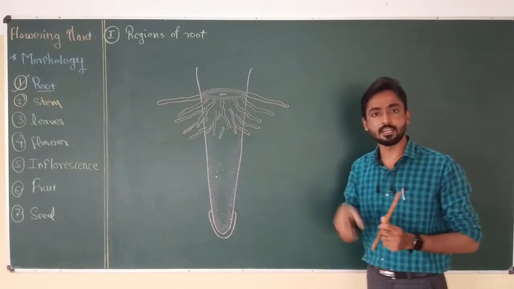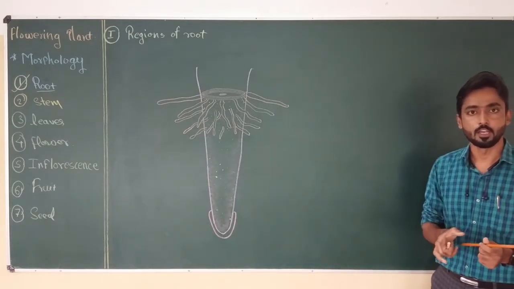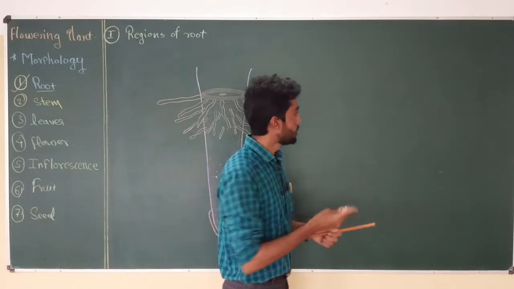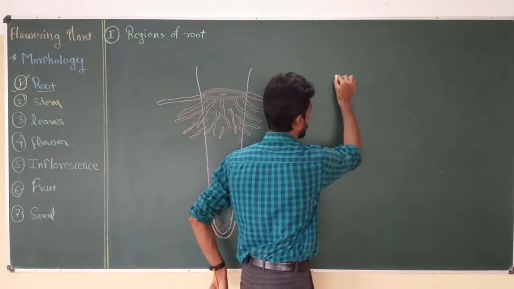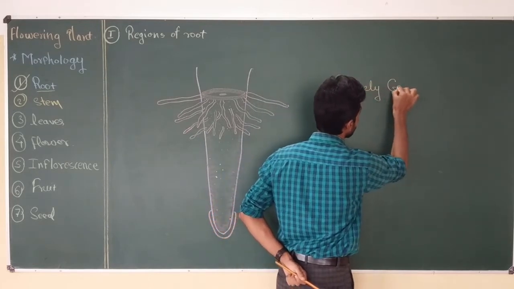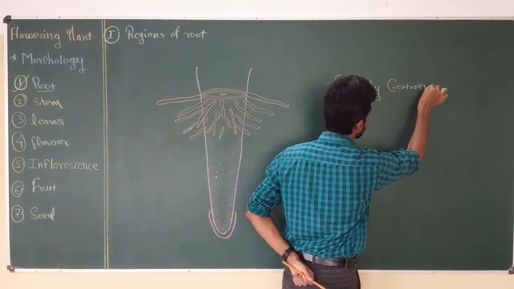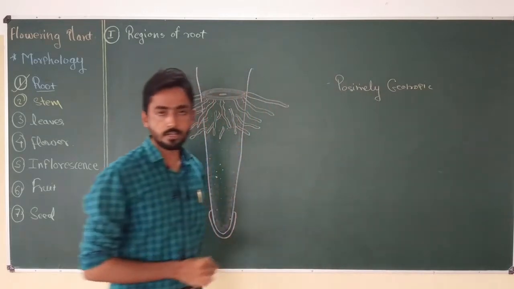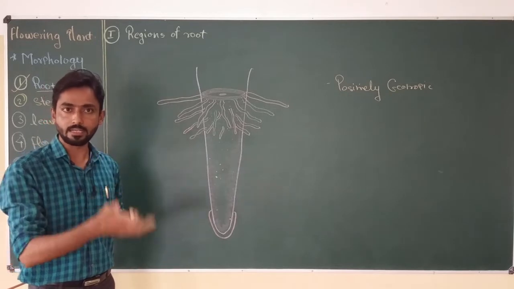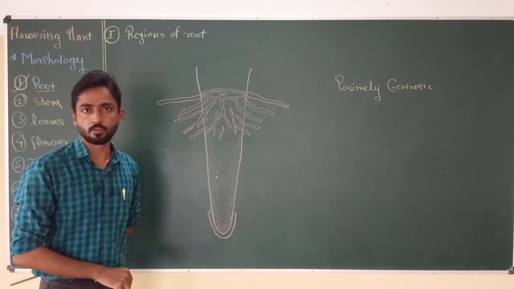That means it is the descending part of the plant body which grows in the soil. So we can say that root is positively geotropic, a part of the plant that grows inside the soil in a downward fashion.